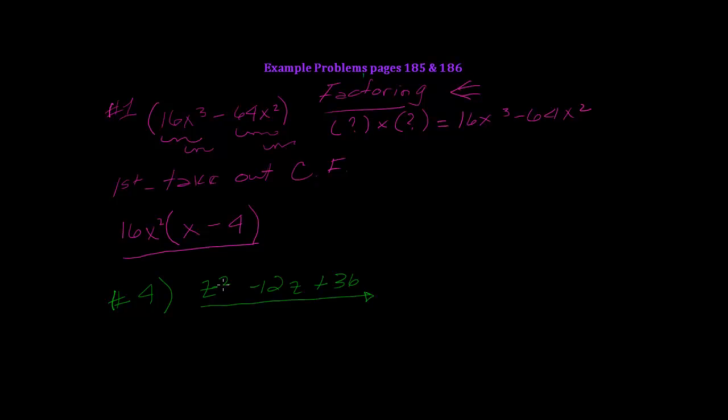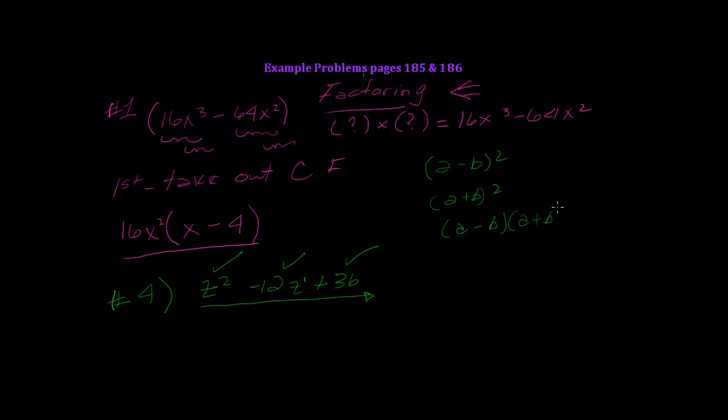So you write the highest exponent to the left and then the next one. And you notice that this is a squared term. This is z to the 1, and this has no z term, which means this is going to be one of these up here. This is either going to be a minus b squared, a plus b squared, or a minus b times a plus b.